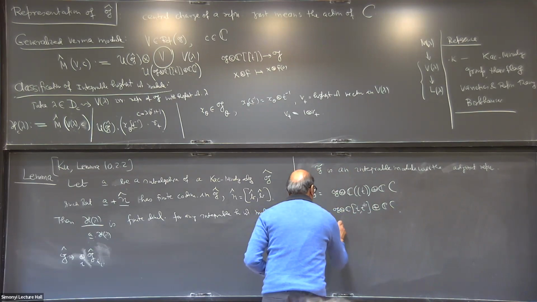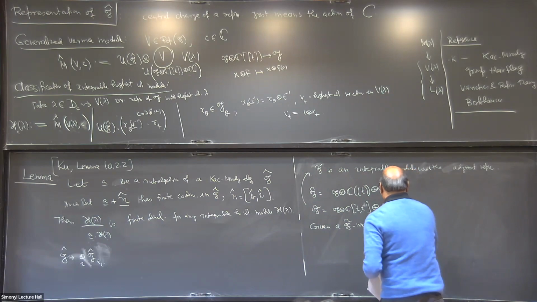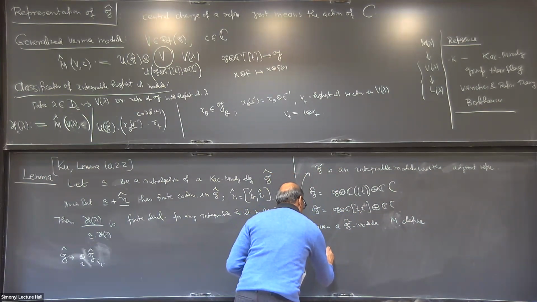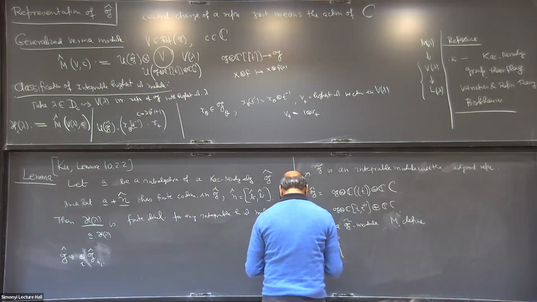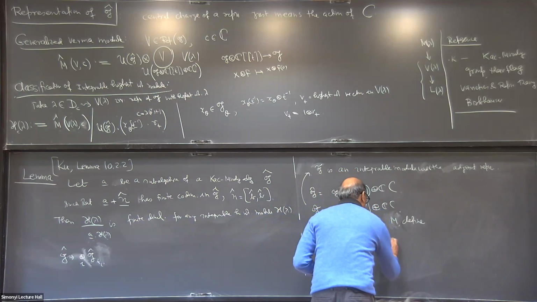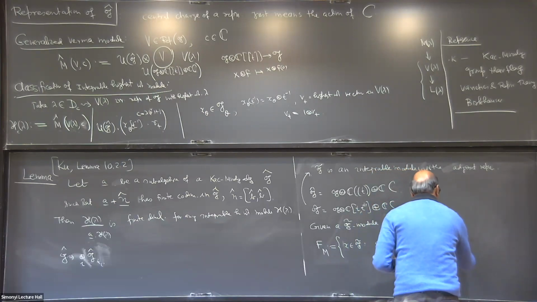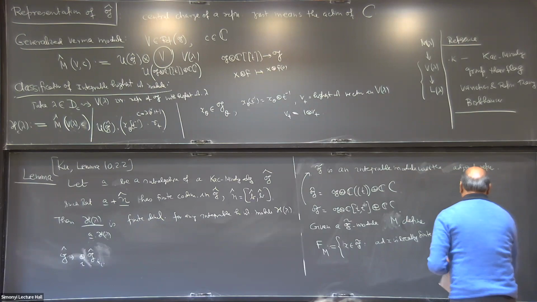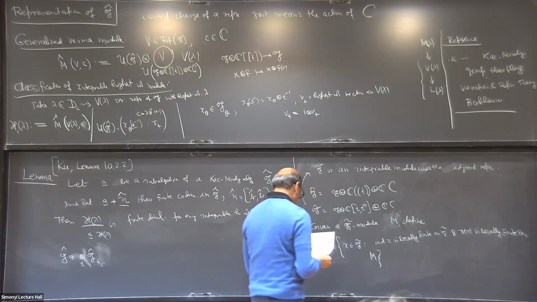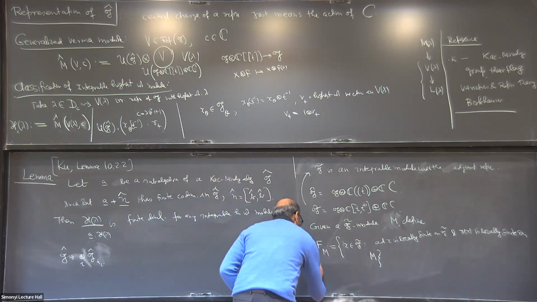Now I'm going to write down: given a G twiddle module, let's say M, define F_M to be all those X in G twiddle such that X is locally finite on G twiddle, and pi X is locally finite on M. Let's define this.